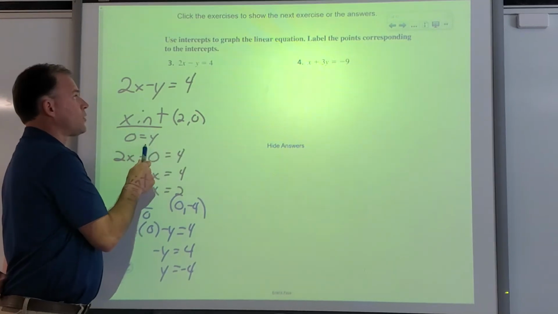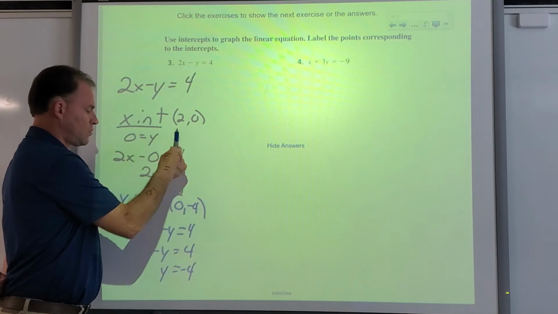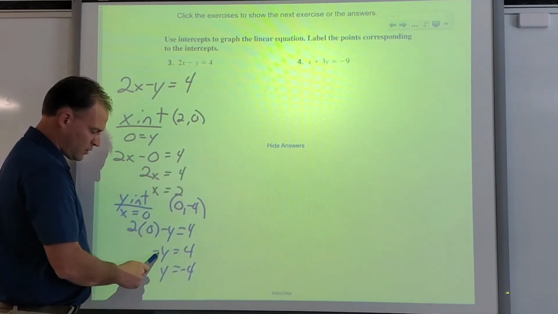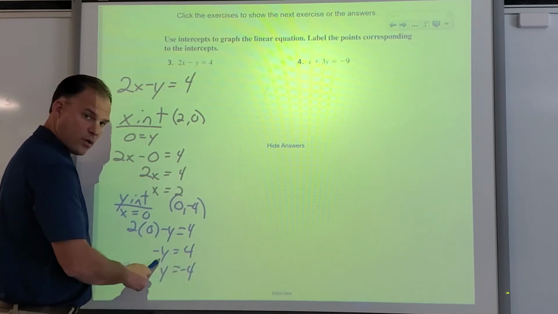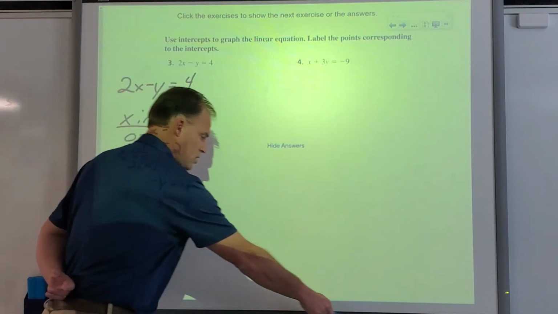X-intercept, put 0 in for y, solve. X is 2. Y-intercept, put 0 in for x, solve. Don't forget to divide by the -1 coefficient here. Y is -4. That's my y-intercept.